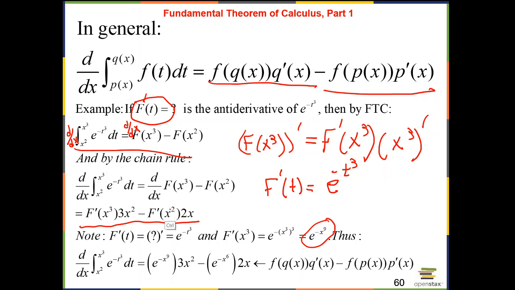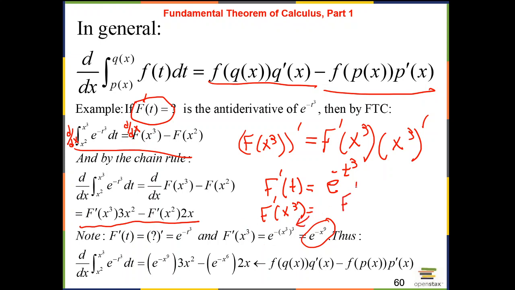What is that? Well, that's going to be x squared. You should substitute x squared for t, right? And you're going to get e to negative x to the sixth power, right? So if we take this and evaluate it at x to the third, I did that already for you here. Well, that's the answer.